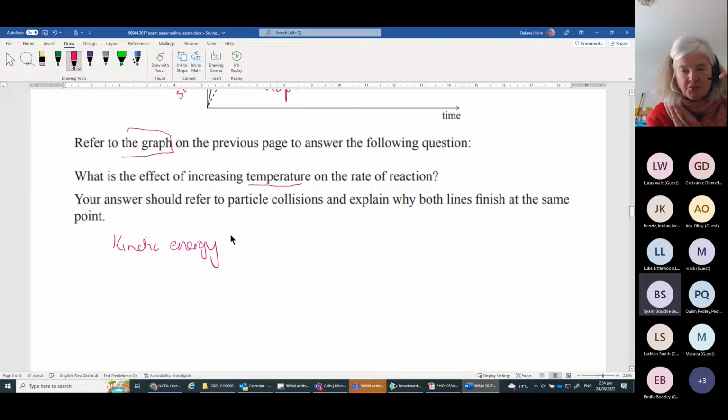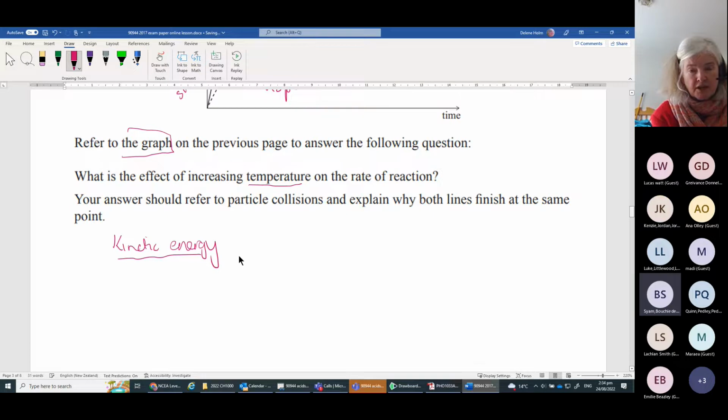So as the temperature goes up, and if you think of temperature then being the speedometer of atoms, are the atoms moving faster or slower? What do you think? Faster. Yep.